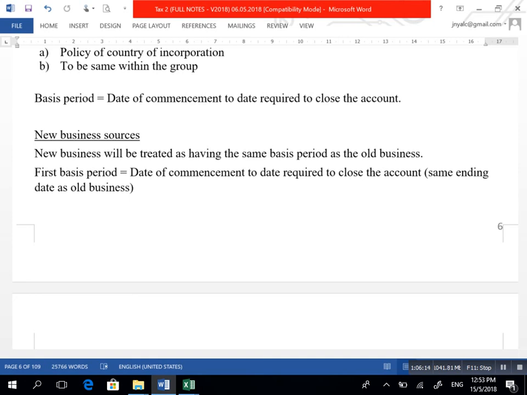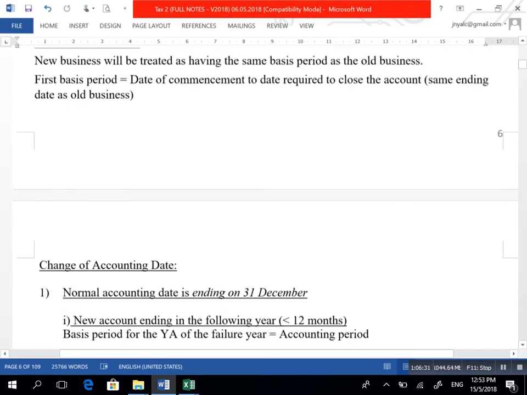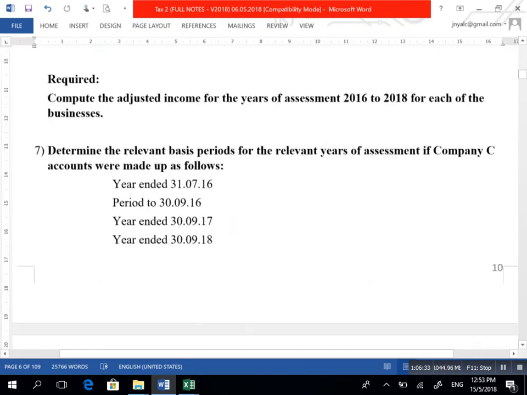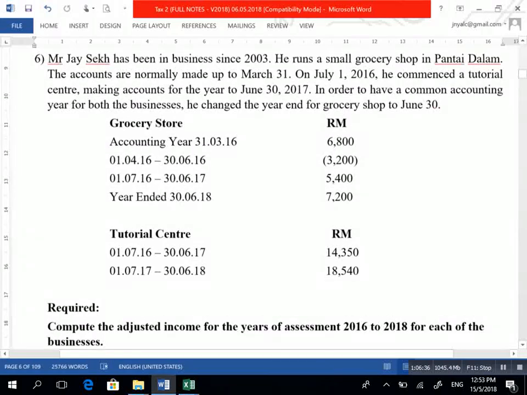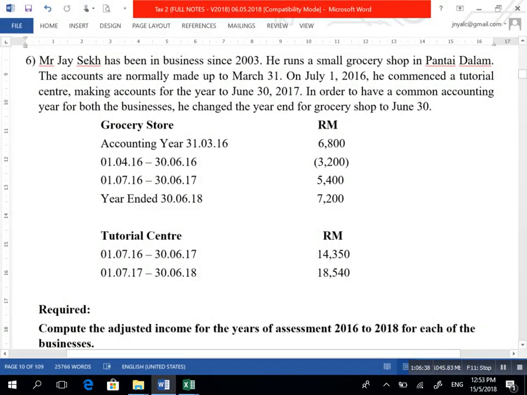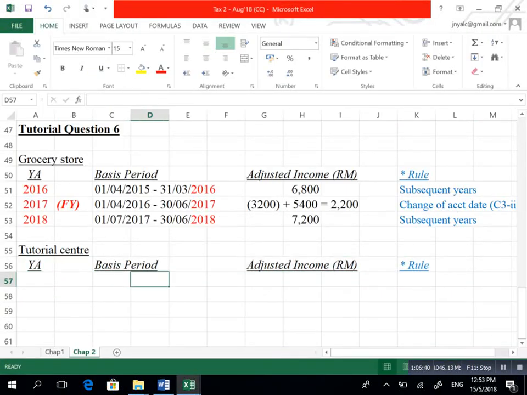Now this tutorial center just started up, yeah? So for the first basis period for this new business, start from the date of commencement, 1st July 2016. But now you have to close until the date that's the same as the old business. Look at this commencement date, July 16. We already saw the basis period for the old business just now, right? This date falls in which period here?